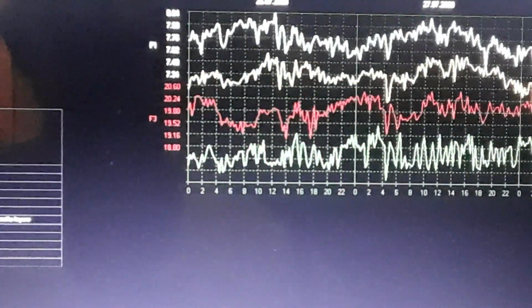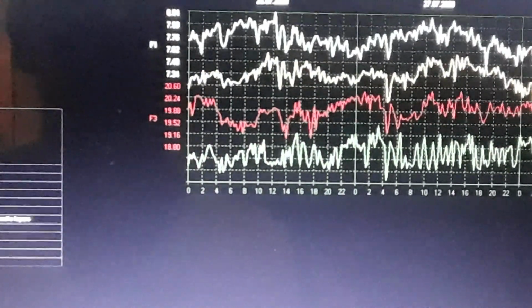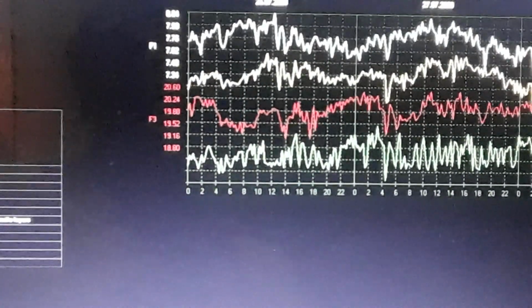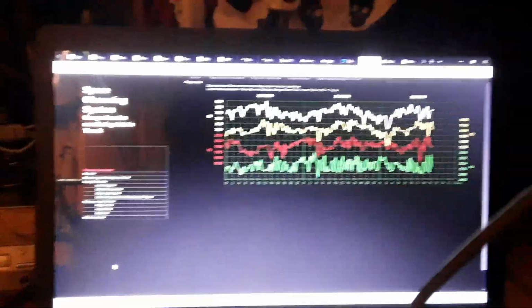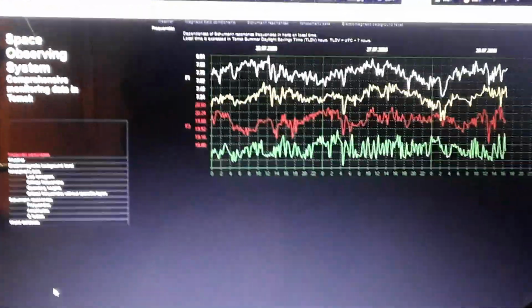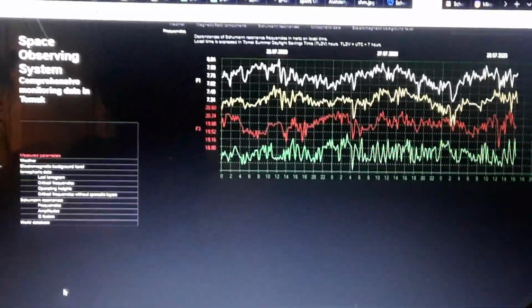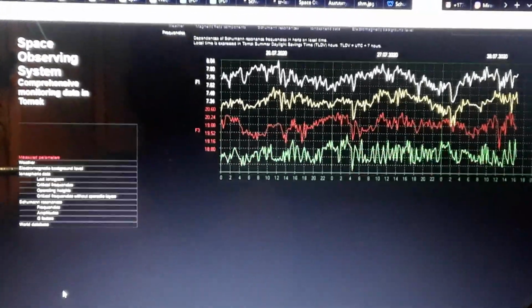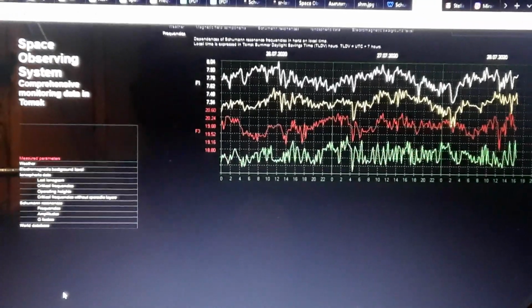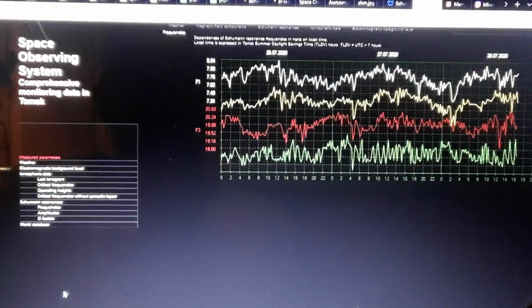All right. So this right here, the website will be provided in the link. Okay, so this is, let me pull out, Tomsk. All right, so that's 7 minutes. This is the Space Observing System Comprehensive Monitoring Data in Tomsk.